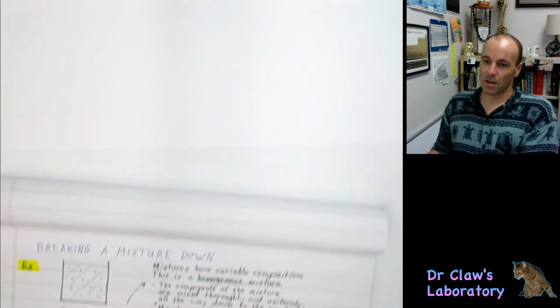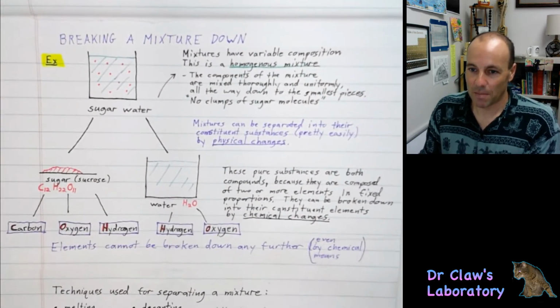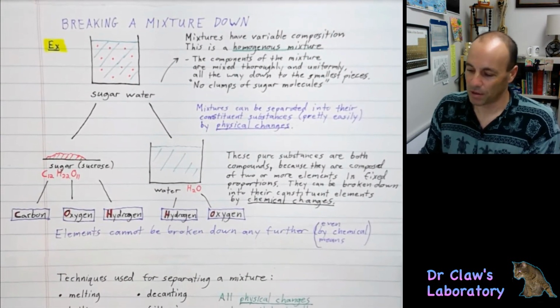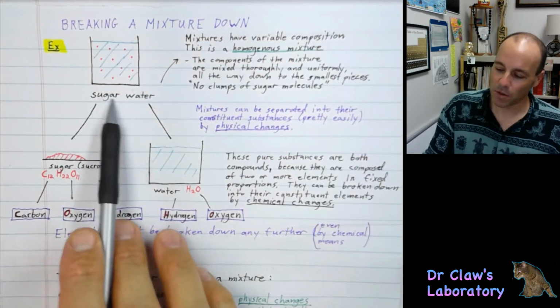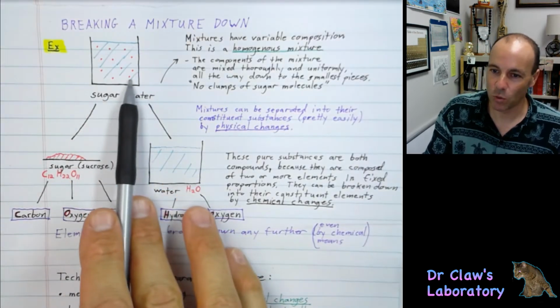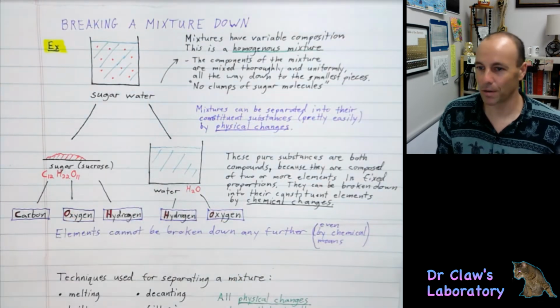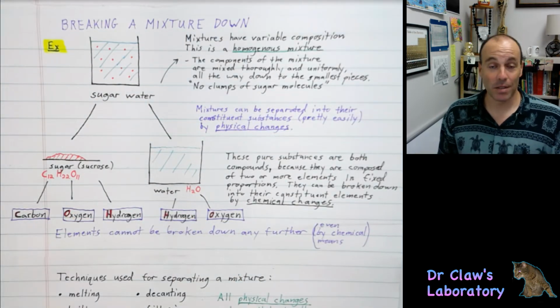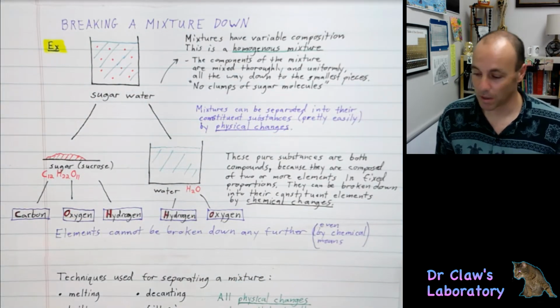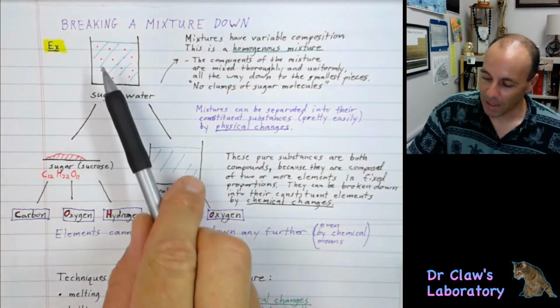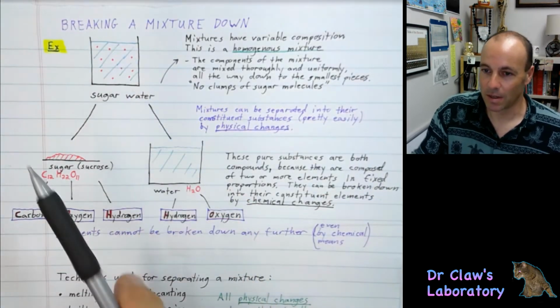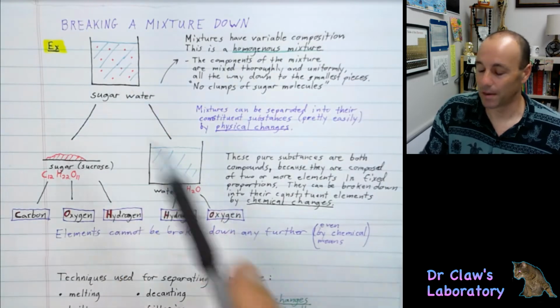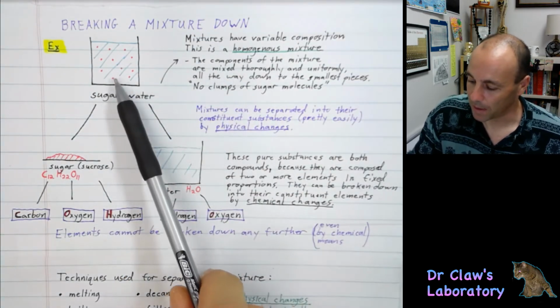So here's an example of breaking down a mixture. Suppose this time we're starting with sugar water. So you see the blue water with the red sugar particles. We're talking about regular table sugar, which is sucrose. Now you can't really see the sugar particles. It looks just like water, but I just drew them in there so we can tell they're in.